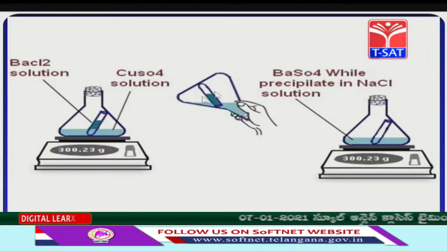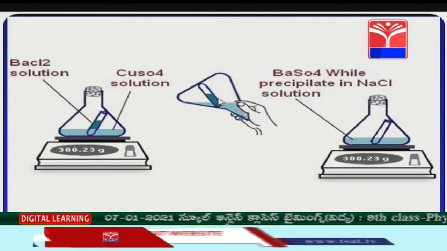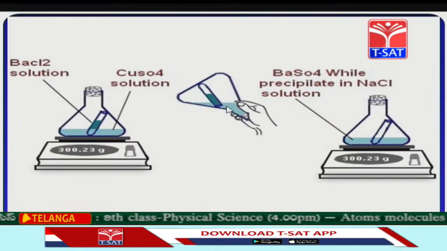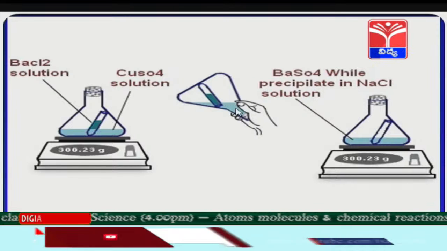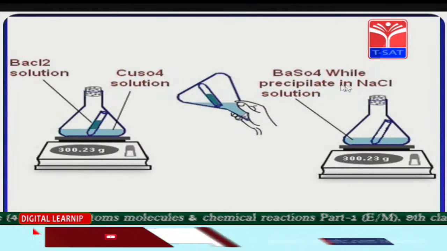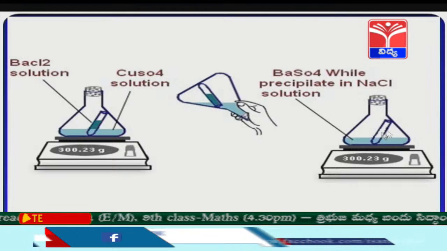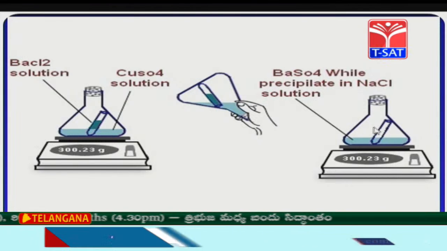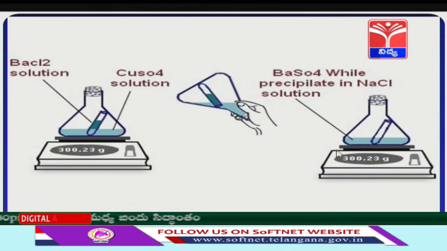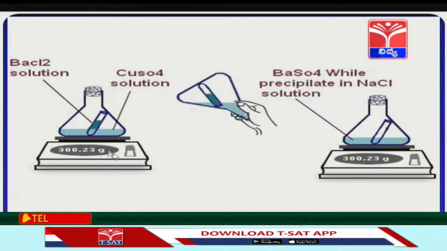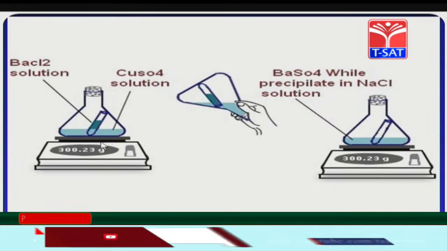Now, after mixing with each other, what happens? The reactants will combine with each other, they react with each other and the products are formed. Barium sulphate along with copper chloride is formed after mixing the two reactants, and when the weight of the products was considered, it was recorded as 300.23 grams, which was equal to the weight of the reactants.